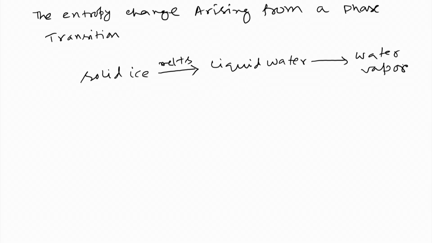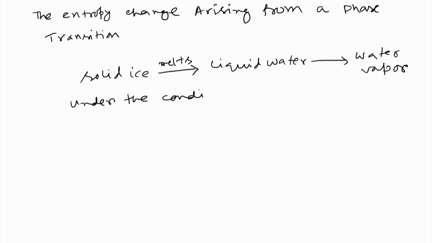So, from solid to liquid, liquid to vapor, right. So, when a phase transition takes place, these phase transitions are accompanied by a change of entropy, because in the case of solid ice, the system is not that chaotic, but when it melts and forms liquid water, molecules are more chaotic. When it further boils, giving water vapor, the water molecules are even more chaotic.